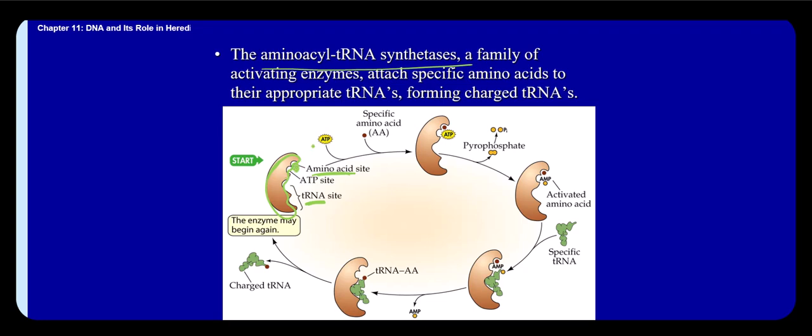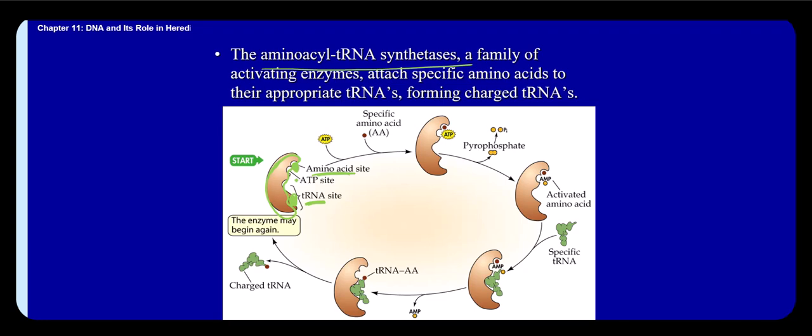Only that amino acid fits in that amino acid binding site. A different amino acid wouldn't fit. Only that specific transfer RNA fits in its binding site. It's kind of like, let's think of all of our front doors. We all have a front door with a lock on it, and we all have a key.